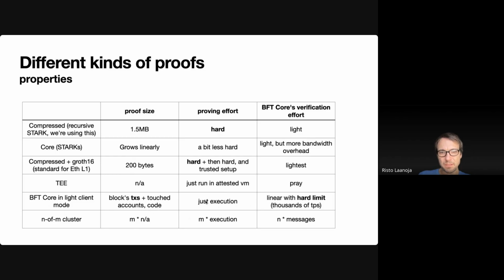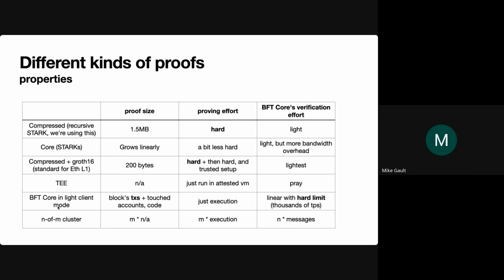Proving effort is executing, and verification effort is linear. It depends on the number of transactions. In the previous ones, the verification effort didn't depend on the number of transactions. It was pretty constant, based on just the number of blocks. And finally, we're not expecting a lot of transactions in this EVM.